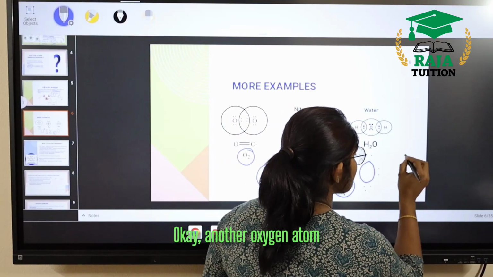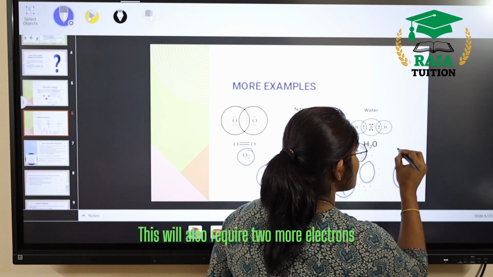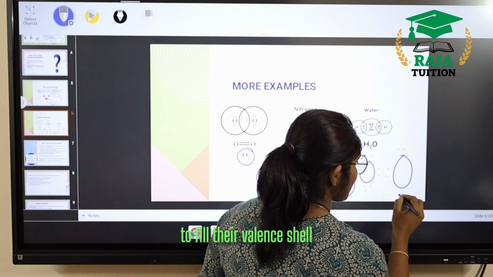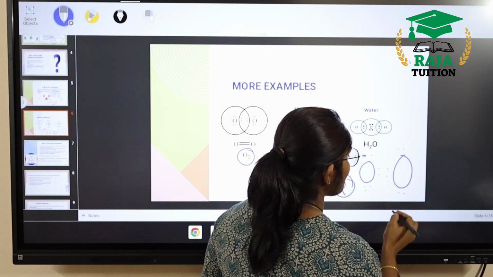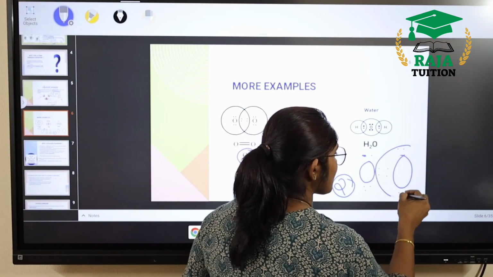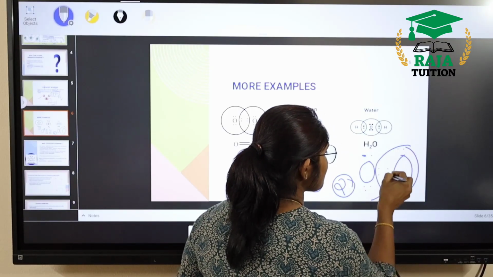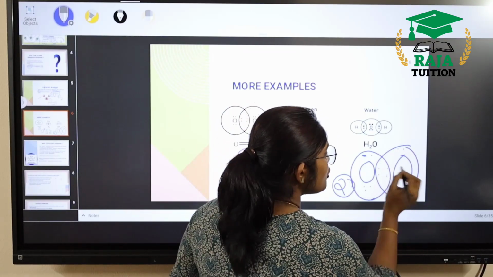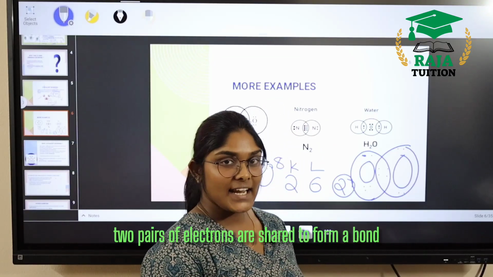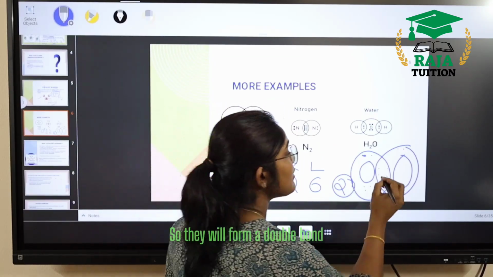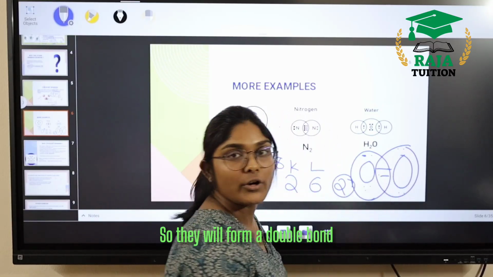Another oxygen atom will also require 2 more electrons to fill its valence shell and to gain an octet. What will they do? They will just share these electrons. Here, 2 pairs of electrons are shared to form a bond and hence to gain an octet. So they will form a double bond.